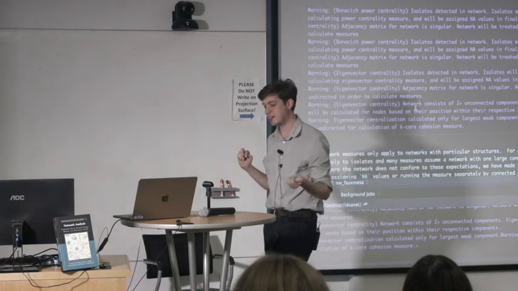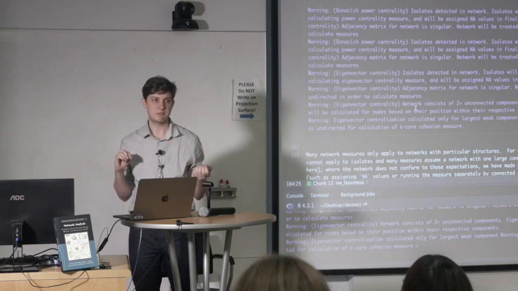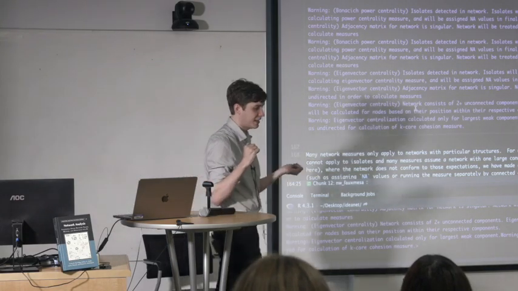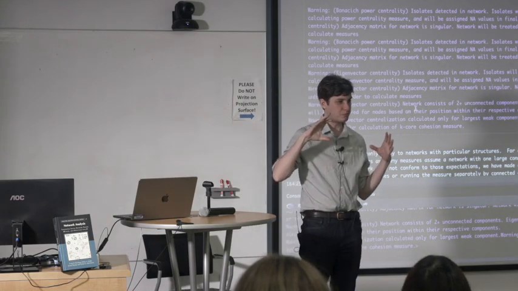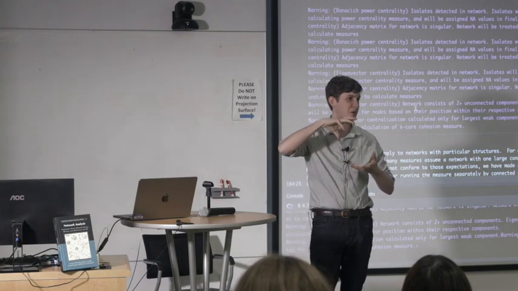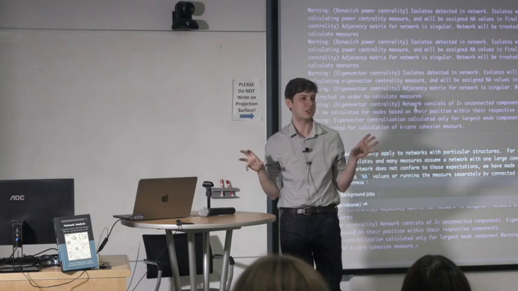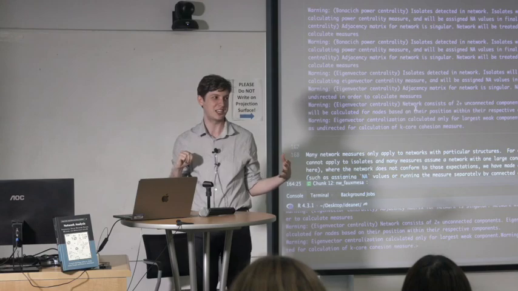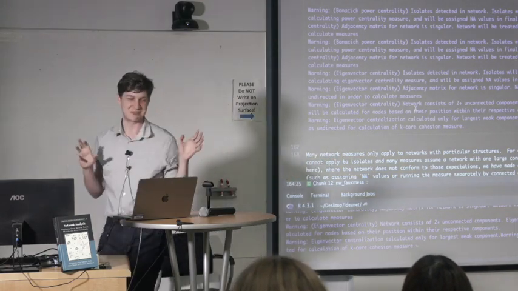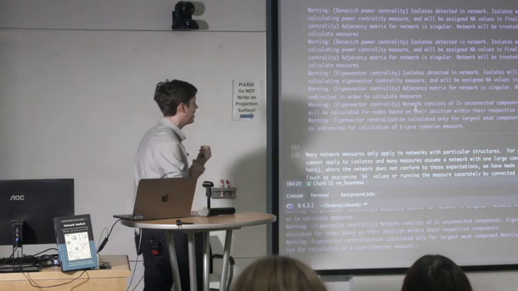So for instance, with something like eigenvector centrality or Bonacich's centrality, a lot of times those measures will assume one single connected component. And if you have isolated components from each other, depending on the tool that you're using, you might get some messy numbers or missing values because it doesn't really know what to do with a network structure like that.